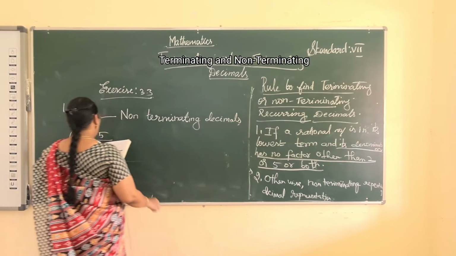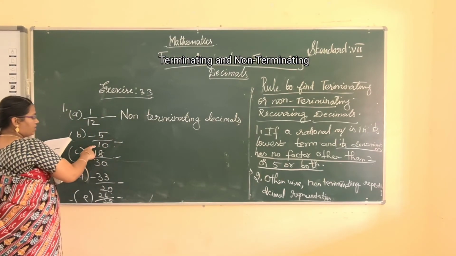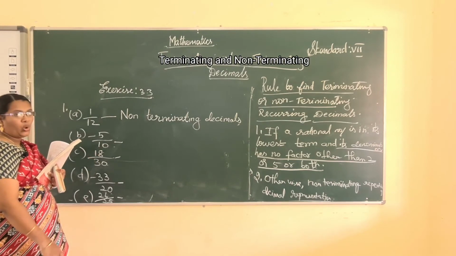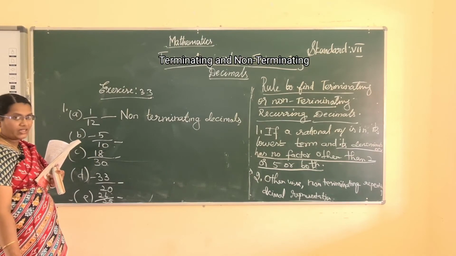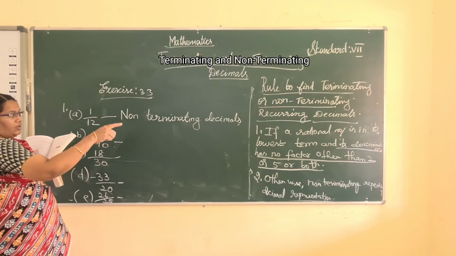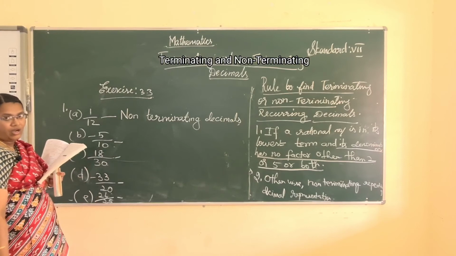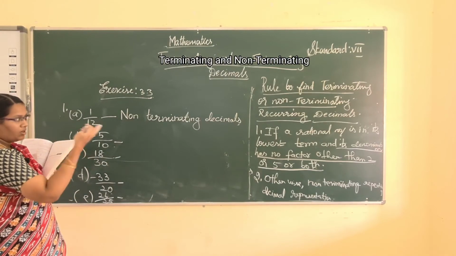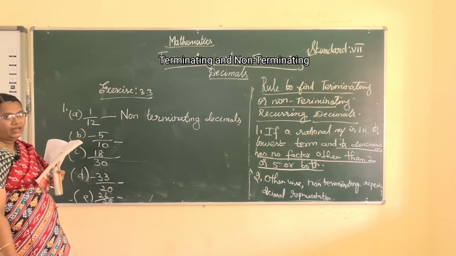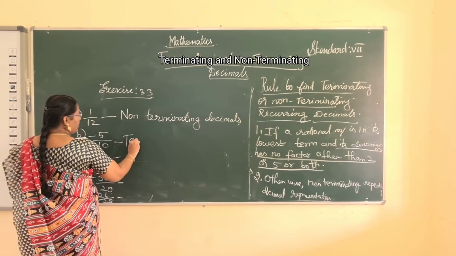And second one, 10. What are the factors of 10? 2 and 5, is it? 2 and 5 are the prime factors. What is the rule? A denominator with no factor other than 2 or 5 or both is called terminating decimals. So terminating decimals.